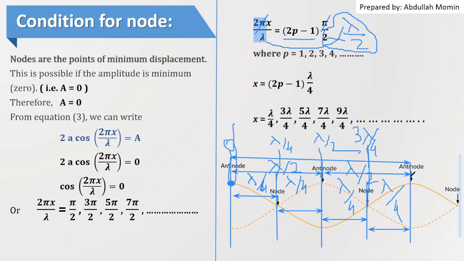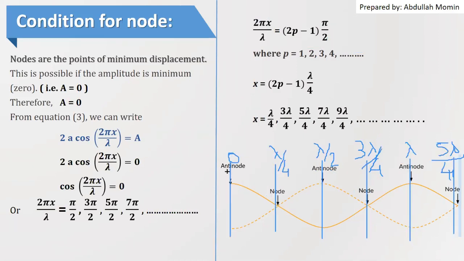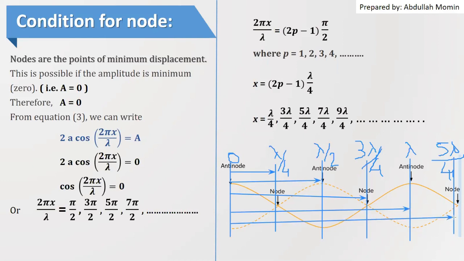The distance of this point from 0 is 4 lambda by 4, which is lambda. So from the initial point, the distances are lambda by 4, lambda by 2, 3 lambda by 4, lambda, and 5 lambda by 4. Each section has a length of lambda by 4.